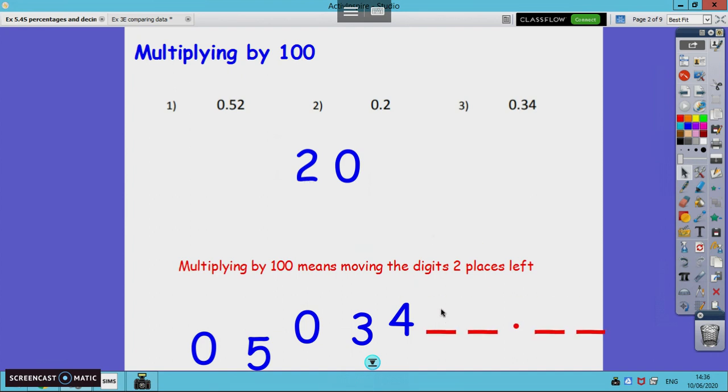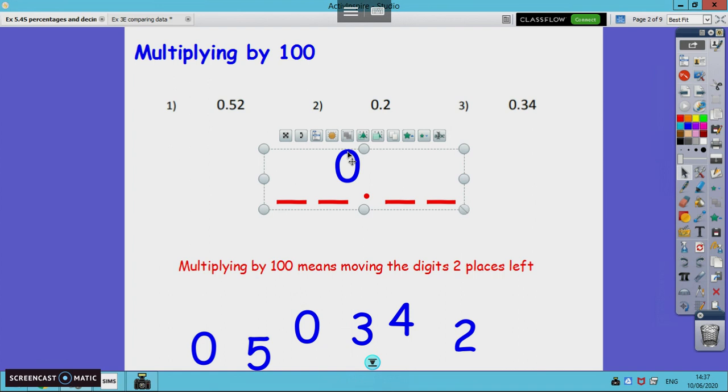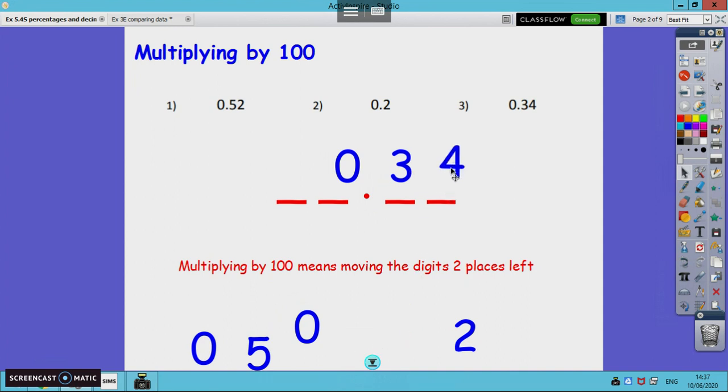Last one, so 0.34. Multiplying by 100, everything moves 2 places to the left.